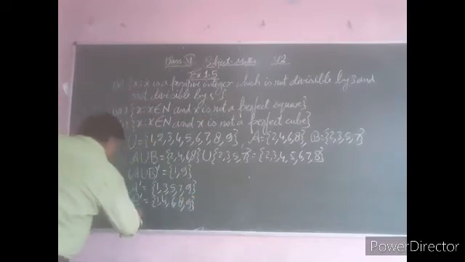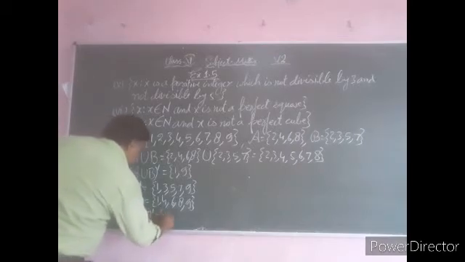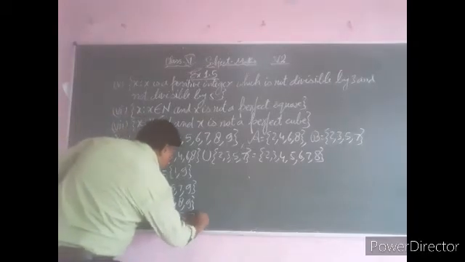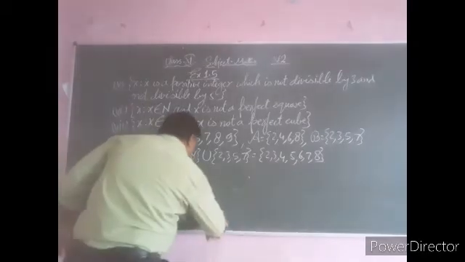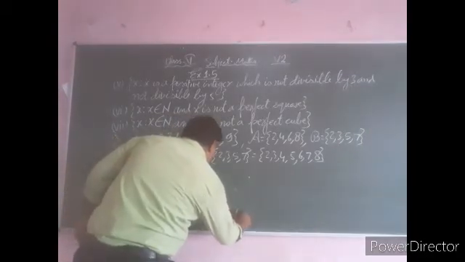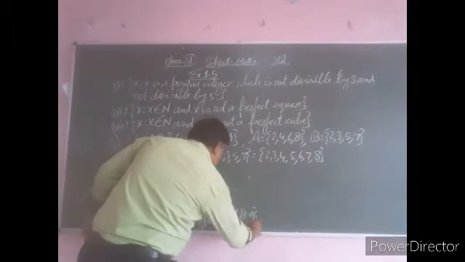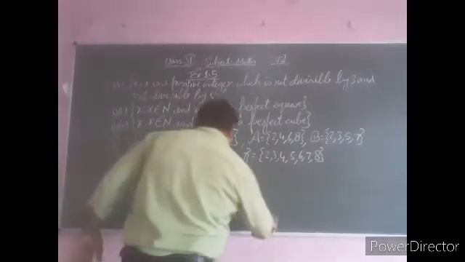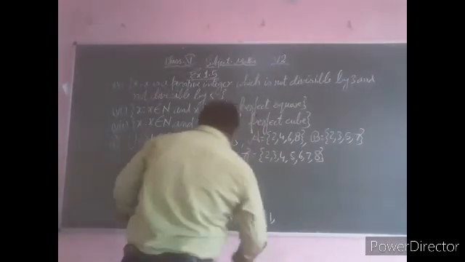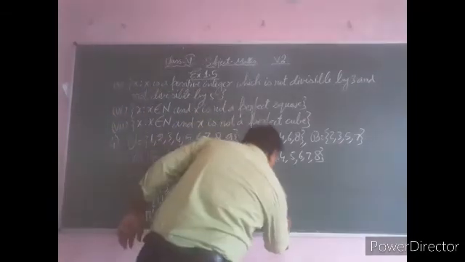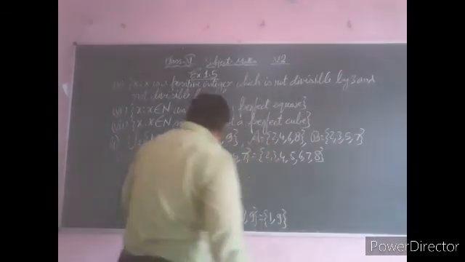So A complement intersection B complement is 1, 3, 5, 7, 9 intersection 1, 4, 6, 8, 9, which is equal to 1 and 9.